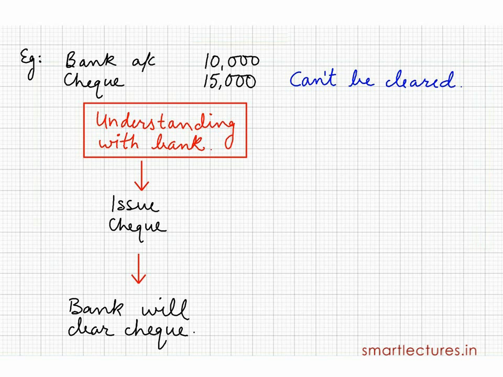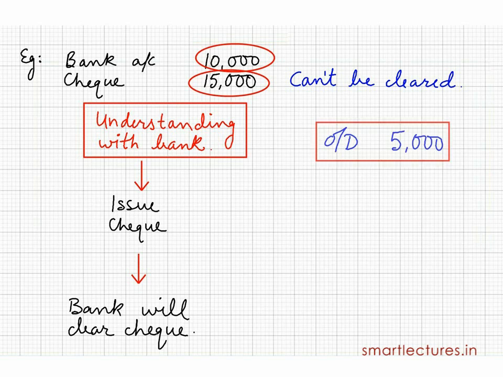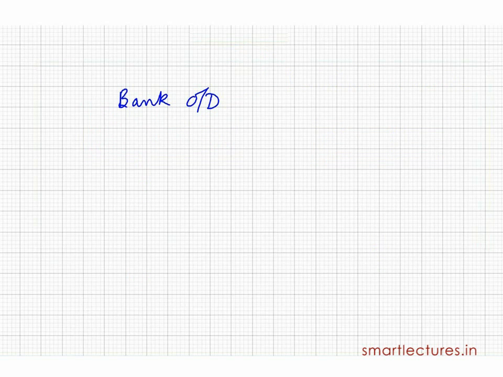What it means? You had only 10,000 rupees, but the bank has paid 15,000 rupees to your party. It means there is overdraft of rupees 5,000. So this is the understanding between bank and your company, that whenever you get new cash, whether in the form of sales or something, you will deposit it in the bank and your overdraft will be clear. So bank overdraft is just like a temporary loan for a few days.